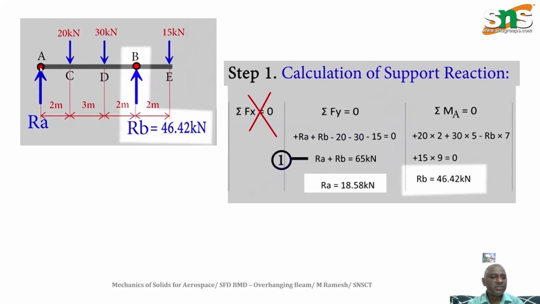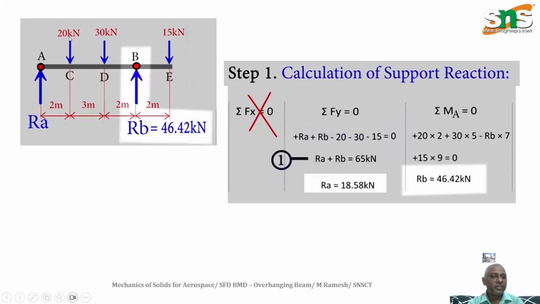All the forces 20, 30, RB as well as 15 are to be taken about point A. The sign convention is clockwise as positive and anti-clockwise as negative. Only RB will act about A as anti-clockwise. The other loads acting downward will act about A in the clockwise manner.